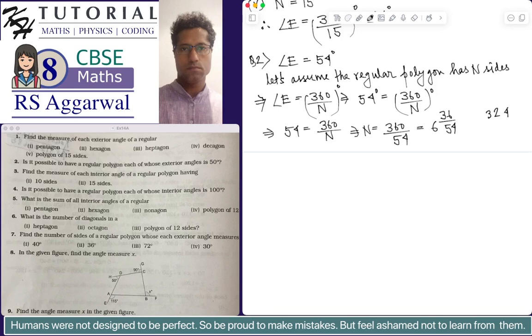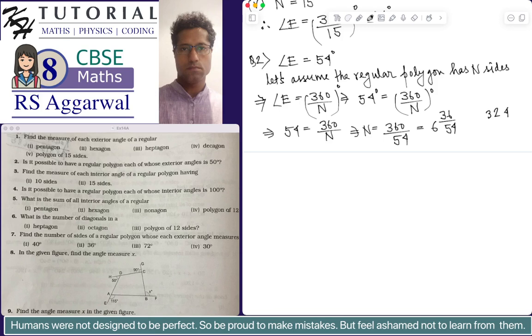So we can see that 360 by 54 is not a natural number, it is not a whole number. 360 by 54 has to be a natural number greater than or equal to 3, then only can we say that a regular polygon exists which will have 54 degrees as each exterior angle.